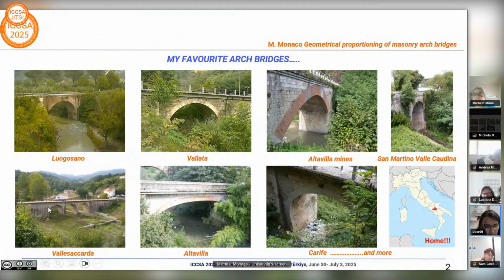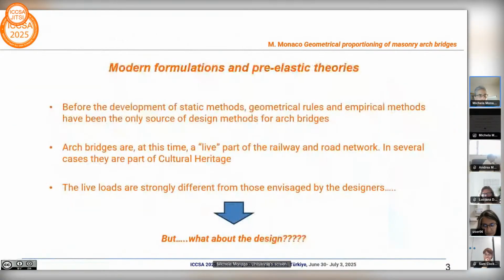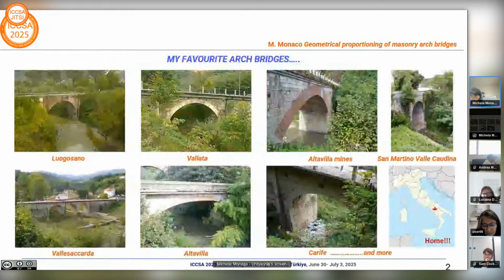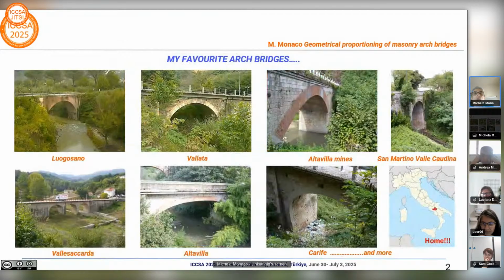Yes. So they work every day. Look at these. These are parapets, and here there is the road.